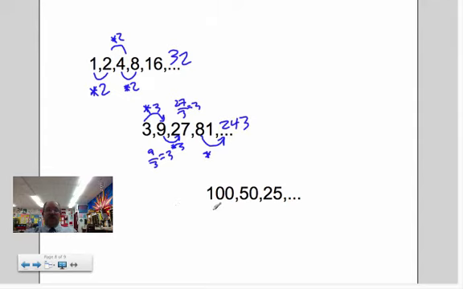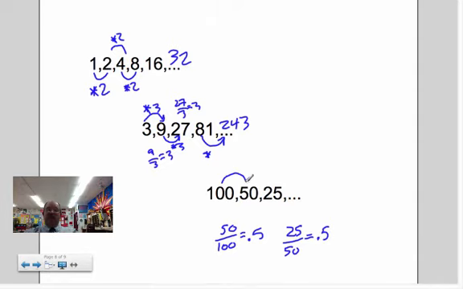What's happening here? Yeah, they're getting smaller, so you might think we're dividing, which sort of we are, but what we tend to do, again, if we're not sure, is we take the second term divided by the first term and see what that turns into, and we take the next term and divide it by the term before it. And when we do that, 50 divided by 100 is 0.5, and 25 divided by 50 is 0.5.